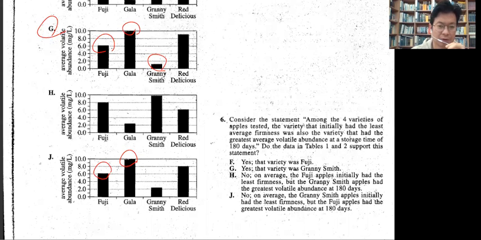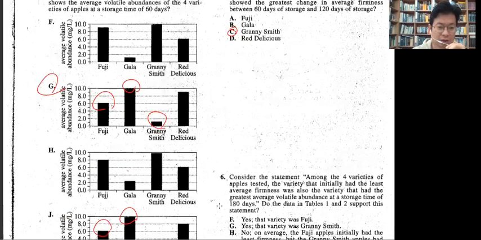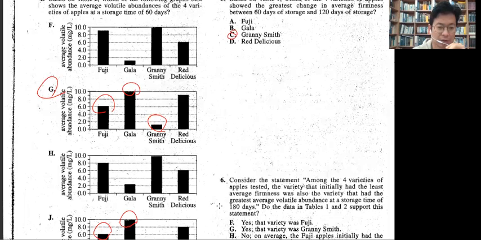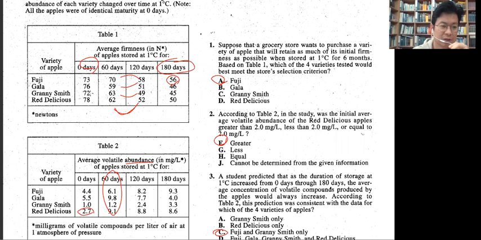Consider the statement: among the 4 varieties of apple tested, the variety that initially had the least average firmness was also the variety that had the greatest change in volatile abundance. Okay, the data table shows yes or no. The least average firmness is Granny Smith.